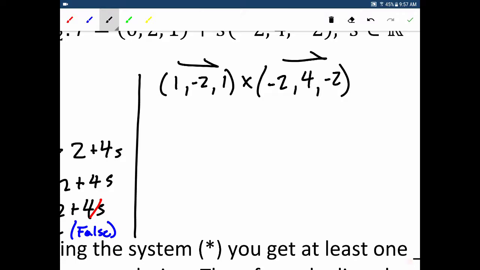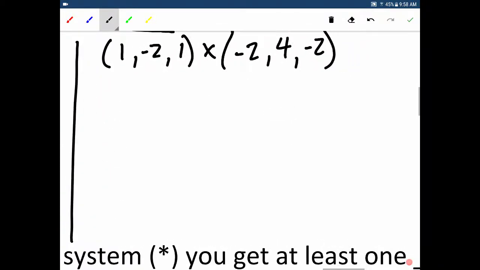We're going to do the cross product. You actually don't even have to do the cross product here, but I'm going to, because I like doing the cross product.